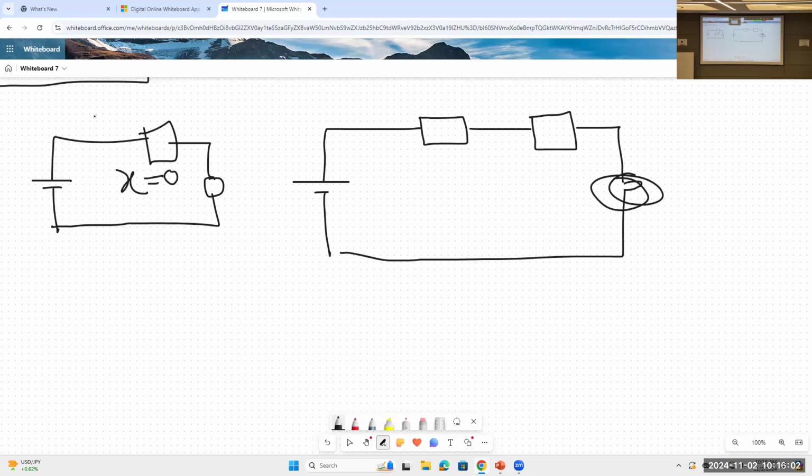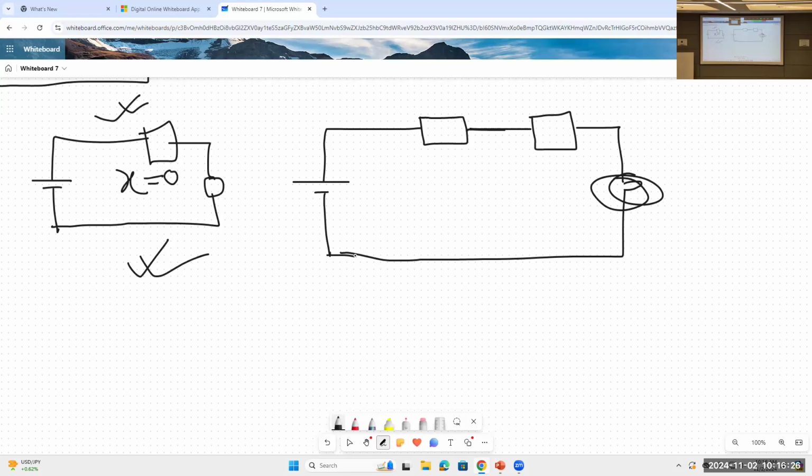So if x equal to 1, the light will glow. This is simple for a single switch. But for a double switch like this, the switches are connected in series, one after another. This is called series.